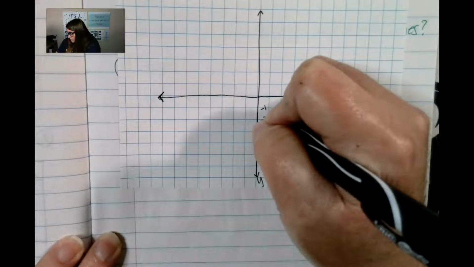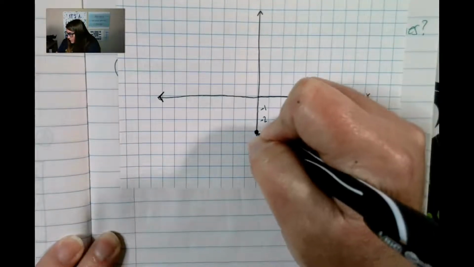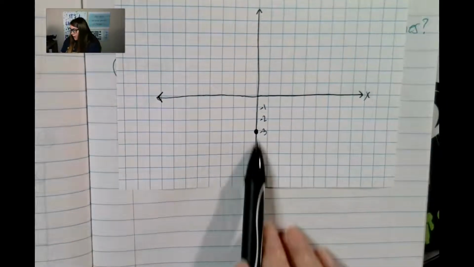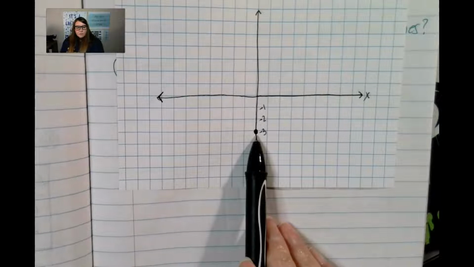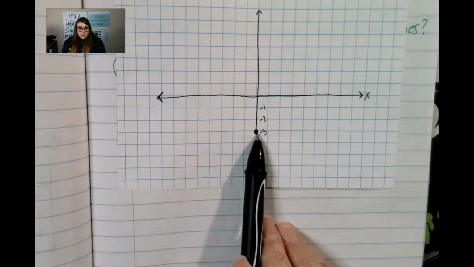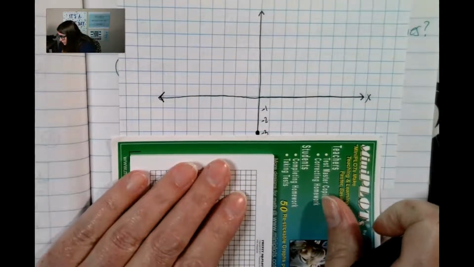So -1, -2, -3. When it says that y is -3, I have y at -3. Now I'm going to draw a line.